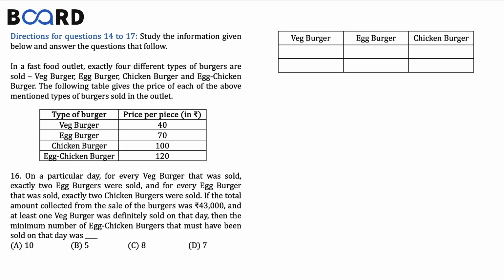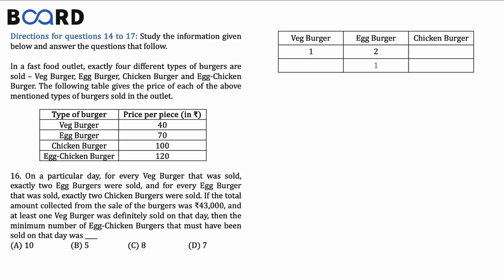On a particular day, for every veg burger that was sold, exactly 2 egg burgers were sold. And for every egg burger that was sold, exactly 2 chicken burgers were sold. Okay, so here they're talking about ratio. So if I distribute the entire thing in a table, for every veg burger, there are 2 egg burgers sold.